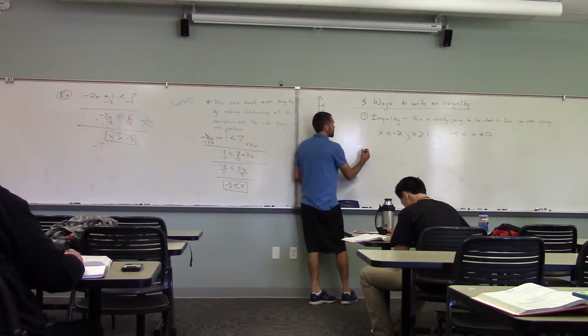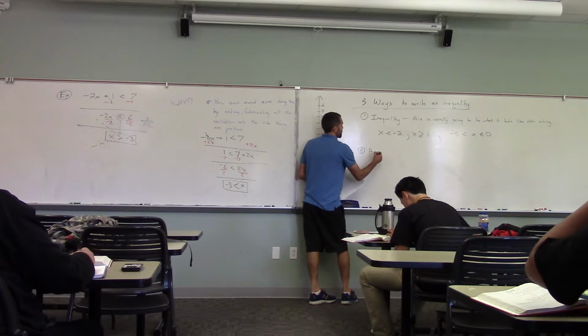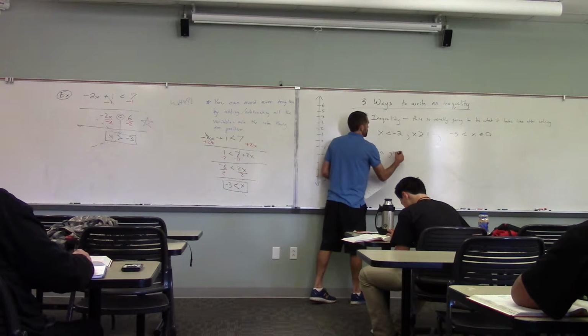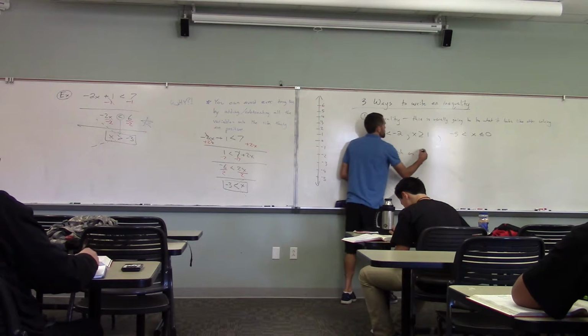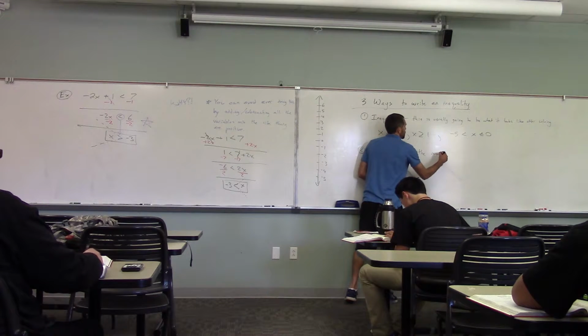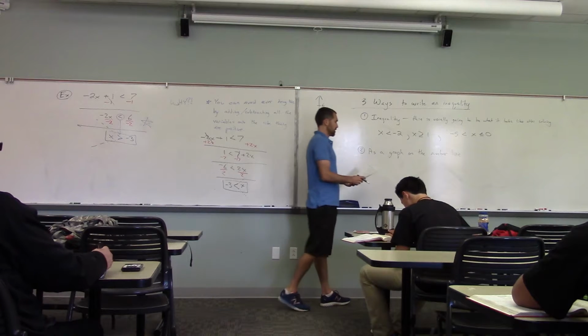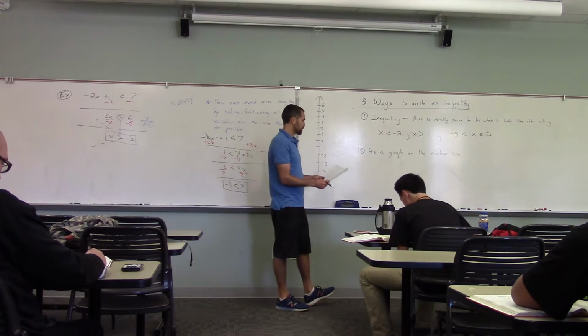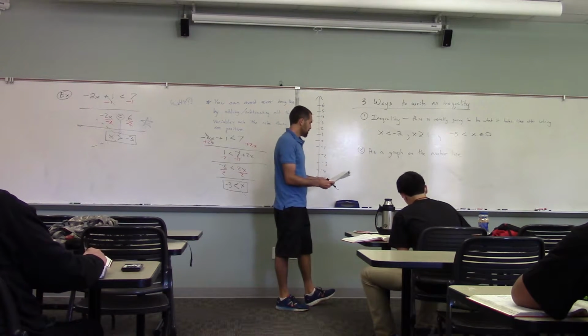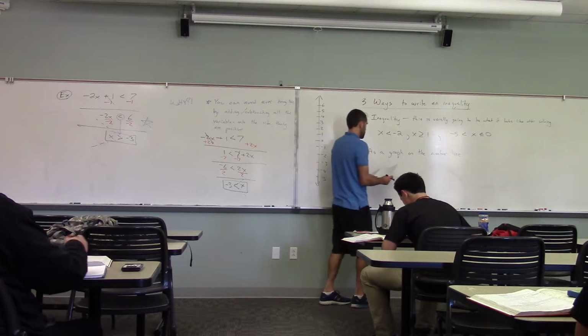Okay, number 2 is as a graph on the number line. For a graph on the number line, you basically just need 2 pieces of information.